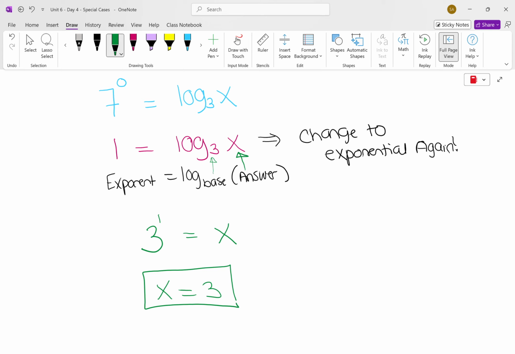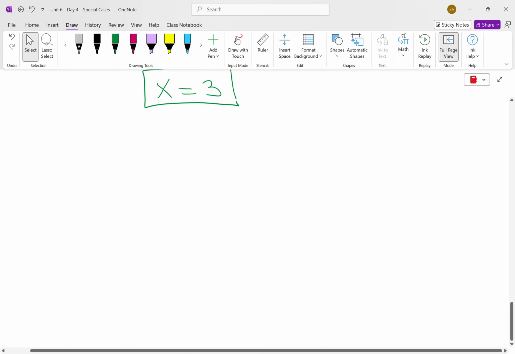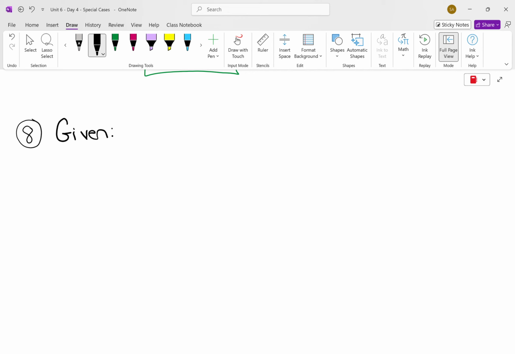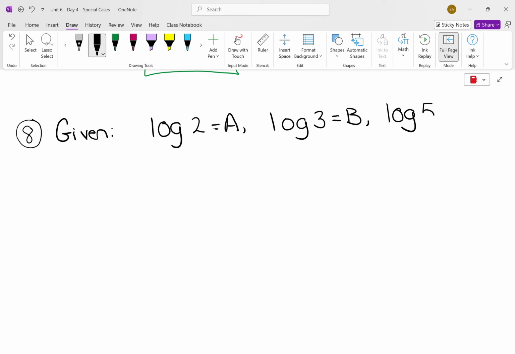Okay, 3 more problems. Given log of 2 equals a, log of 3 equals b, and log of 5 equals c.